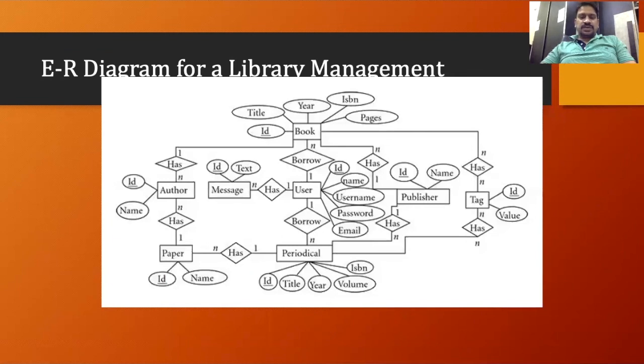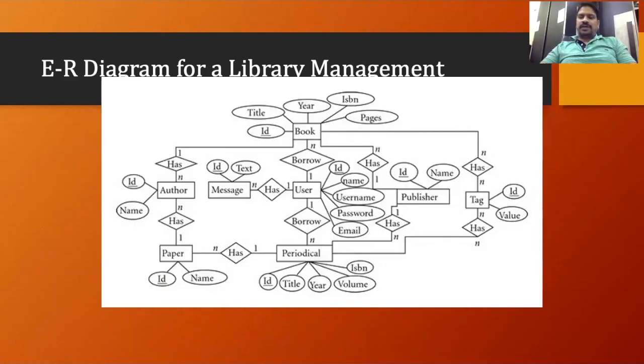Now, this is an ER model for the library management system, where we have author, book, user, publisher, message, periodical, tag, all those are different entities. We have different attributes as well as the relationships between them. So these are different examples of representing different ER models.